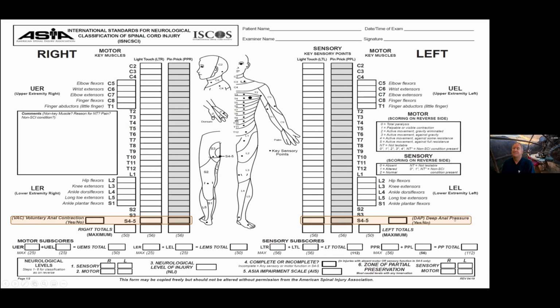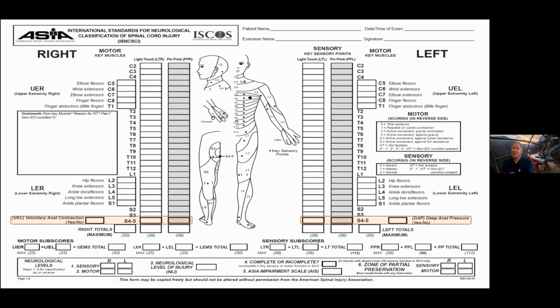Now, I don't say this lightly. It's very important as you're doing this to discriminate reflex activity from true voluntary squeeze, and to recognize that with deep anal pressure, sometimes they sense pressure, but what they are actually experiencing is some autonomic dysreflexia in response to a noxious stimulus below the level of the injury.